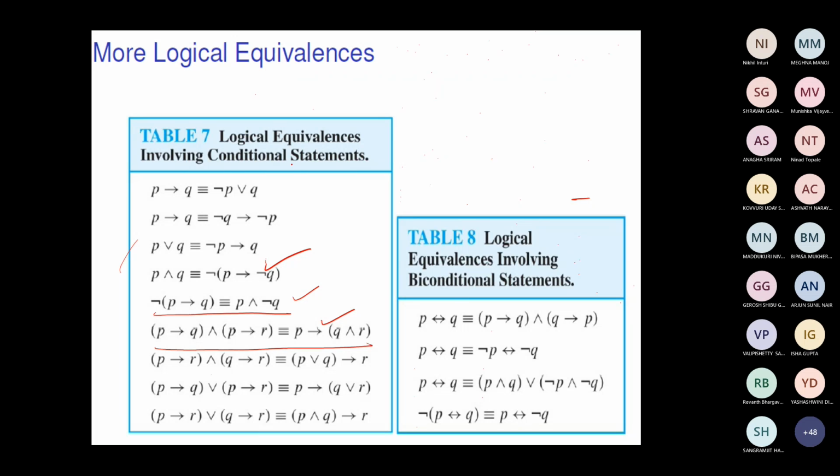Ma'am, isn't this distributive law if we just start from the right hand side? Okay, one minute. P tends to Q and P tends to R. So what is P tends to Q? Not P or Q, and not P or R. So this is, yes, tell me.